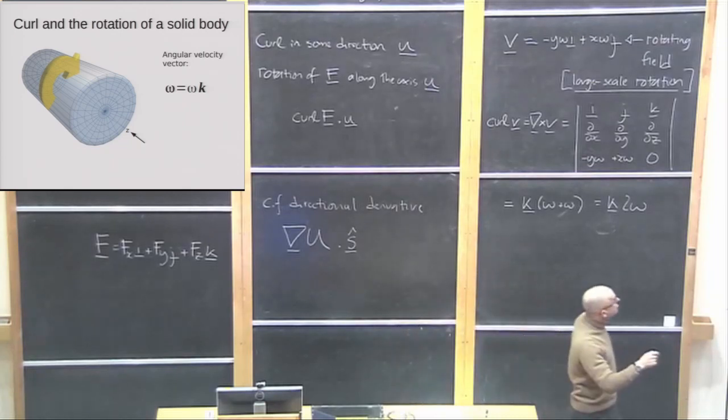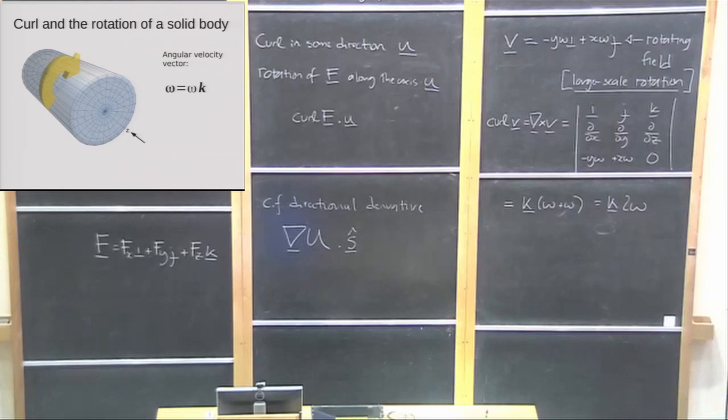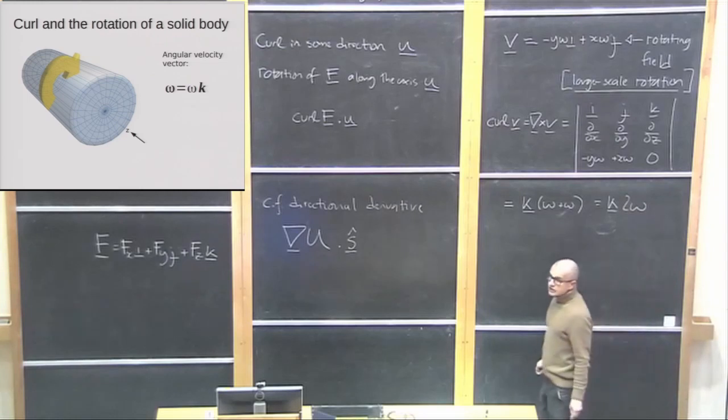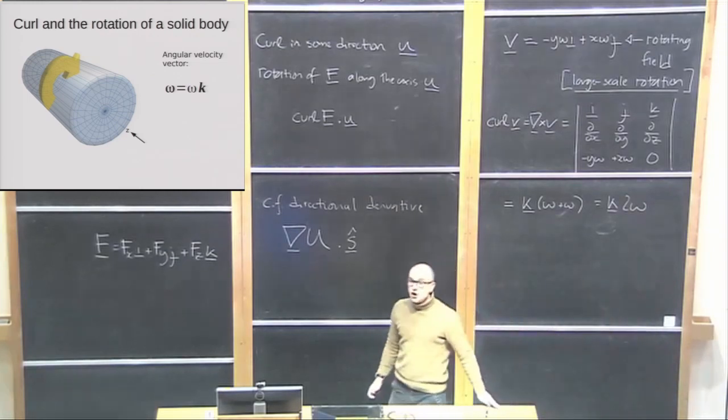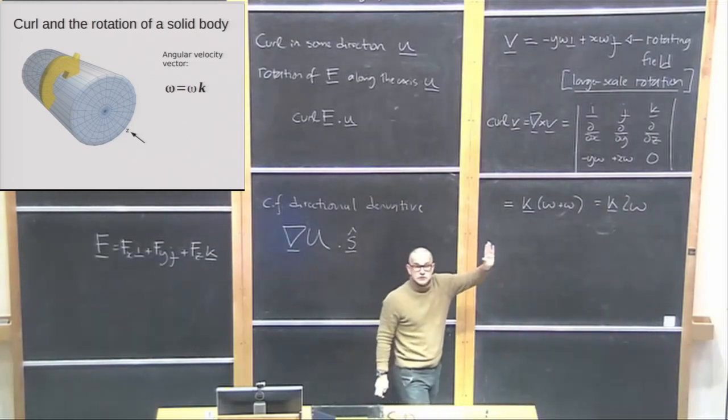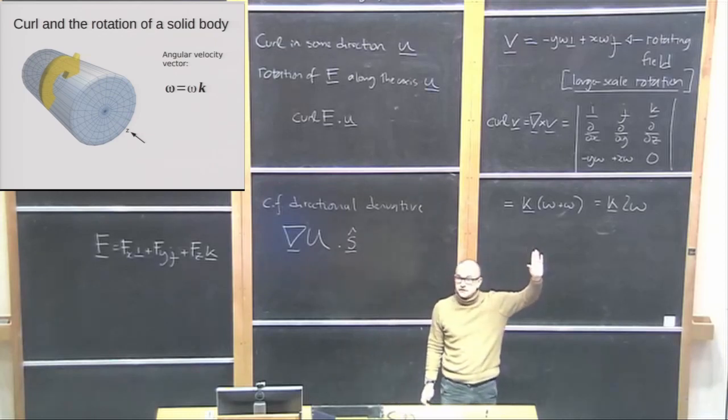So the magnitude of the curl of a vector field is twice the angular velocity of a solid body which is rotating along that same axis.